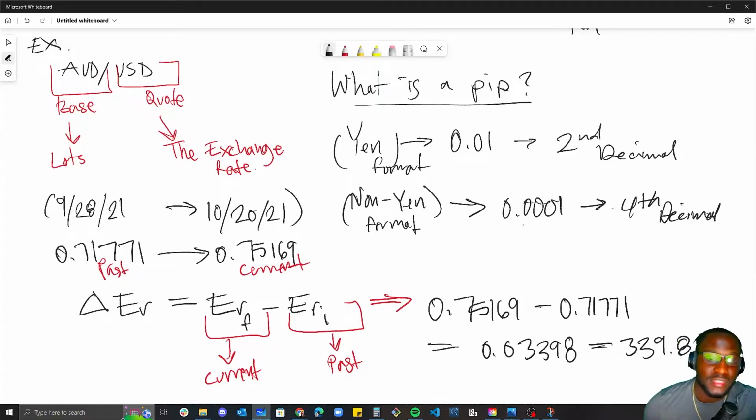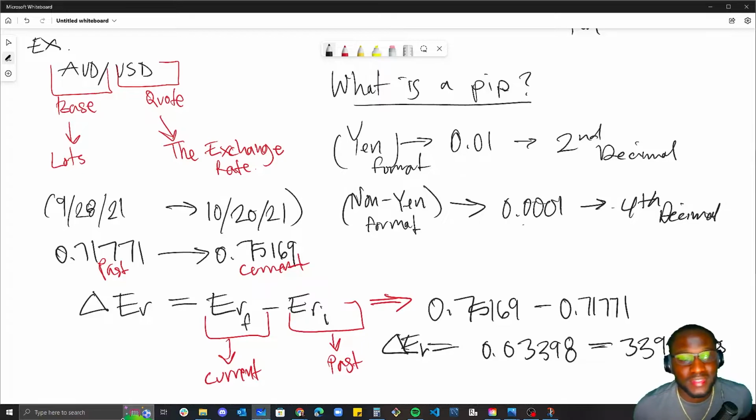So this is delta ER, the change within the exchange rate, and that is how we use pips. It's used to express the change within exchange rates. That's basically the theory behind pips, and this is the fundamental concept you've got to know, because this is how you calculate your profits and losses.